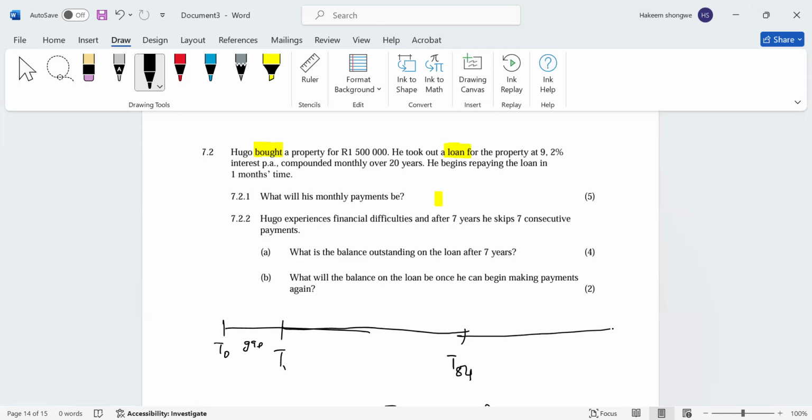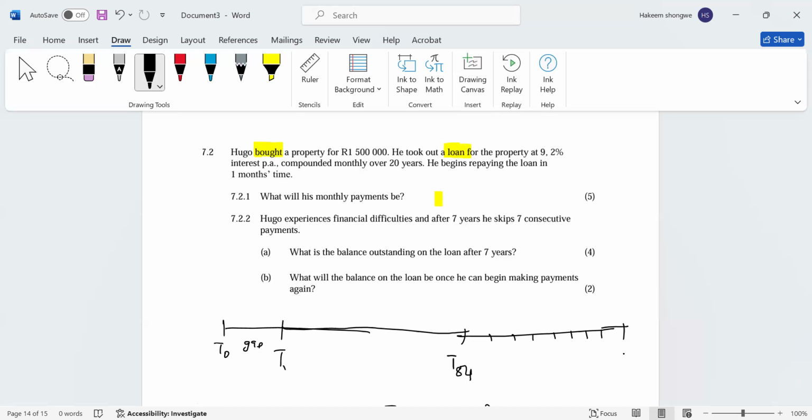We experience financial difficulties and miss 1, 2, 3, 4, 5, 6, 7 payments. So at T85 we're not paying, at T86 we're not paying, and so on. So we should say 84 plus 7.